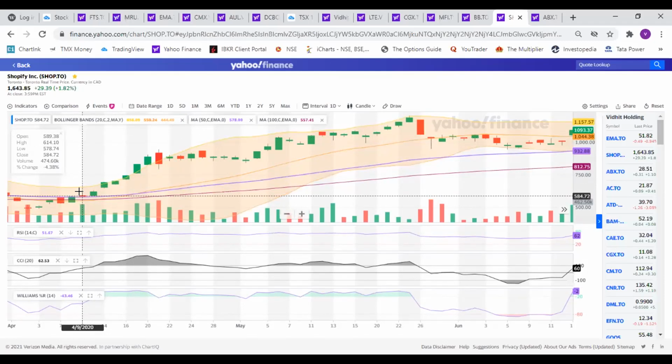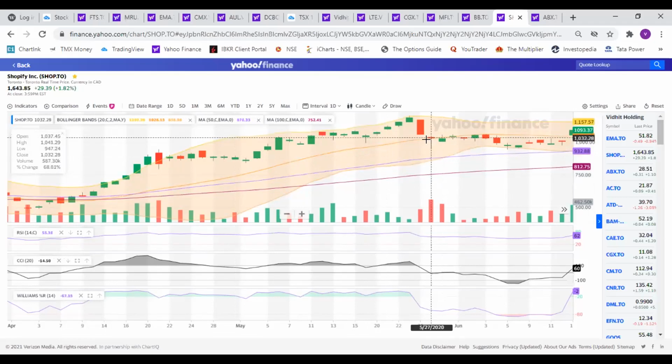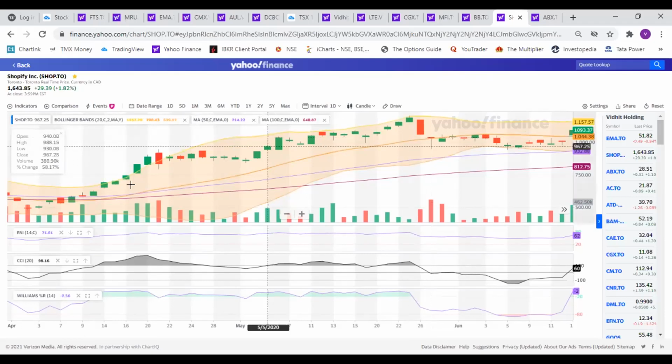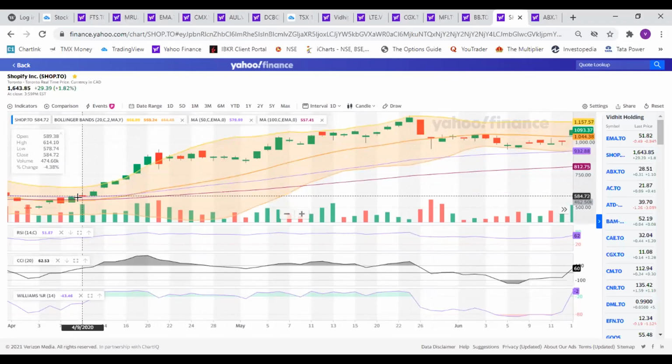Entry level at 615, exit level at 1032. Almost 70% return within a matter of almost 50 days. This is 27th of May and this is 4th of April.